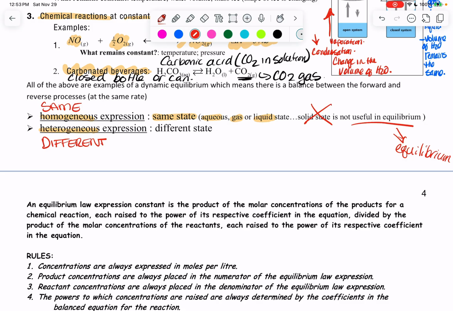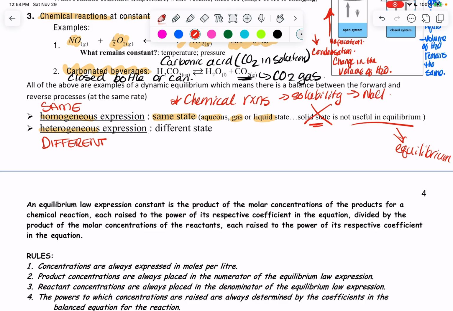And this is when we're talking about chemical reactions. I know we talked about solubility being equilibrium, and we were talking about NaCl forming. This is not the type of equilibria we're talking about. Solid state would be important there, but not when we're talking about chemical reactions.